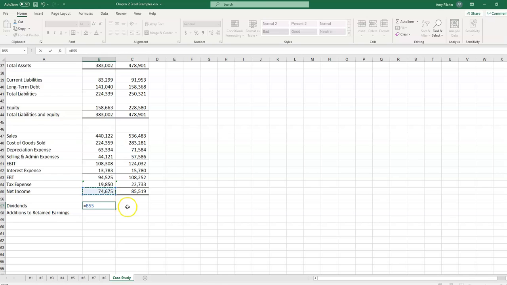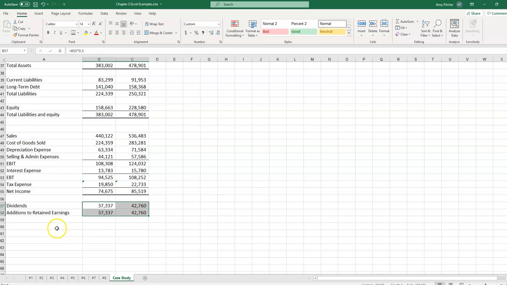So we take our net income times 50%. That means the other 50% goes to retained earnings. And I'm going to round those up just to nice clean numbers for the purpose of this problem.